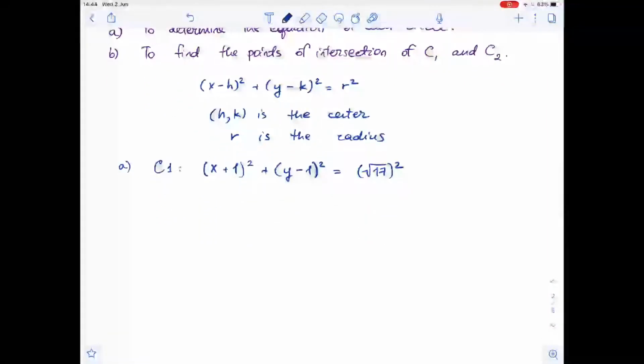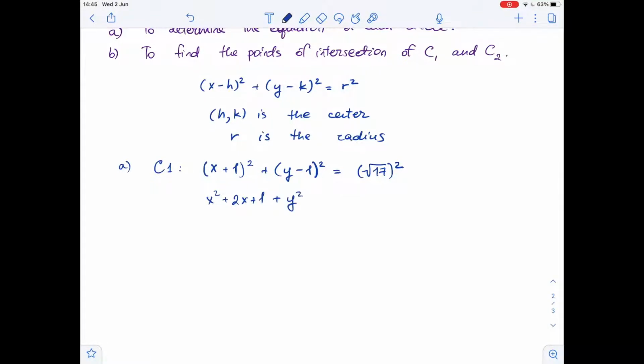So (x + 1)^2 is equal to x^2 + 2x + 1. (y - 1)^2 is equal to y^2 - 2y + 1, and this whole thing is equal to 17.